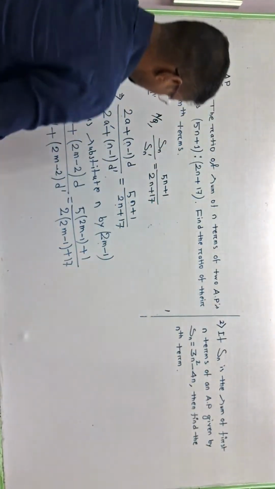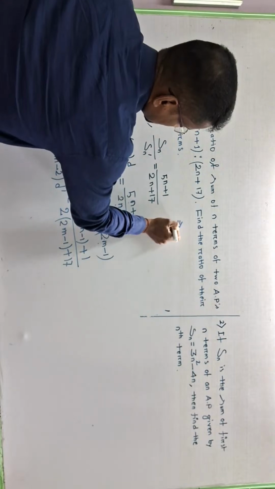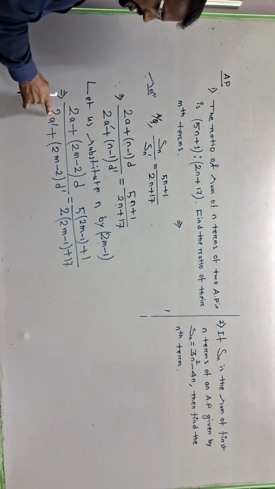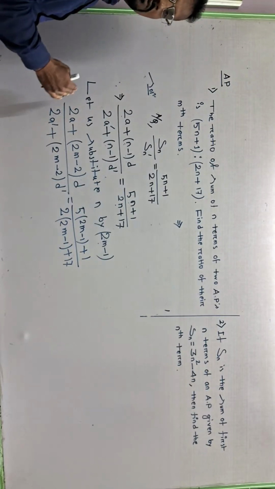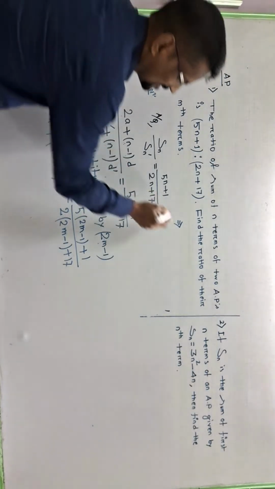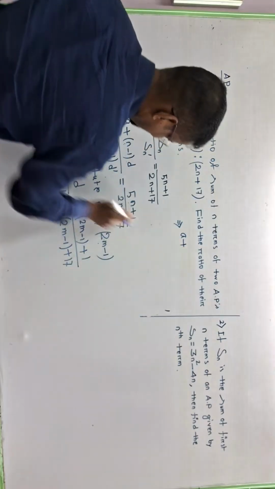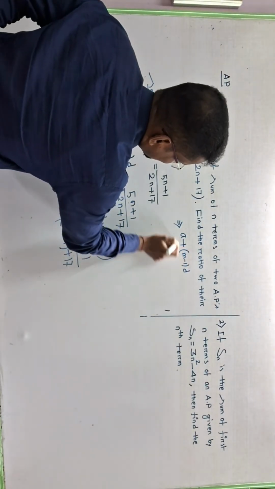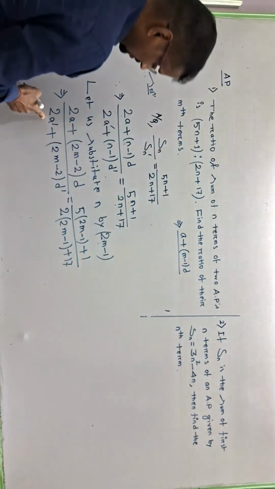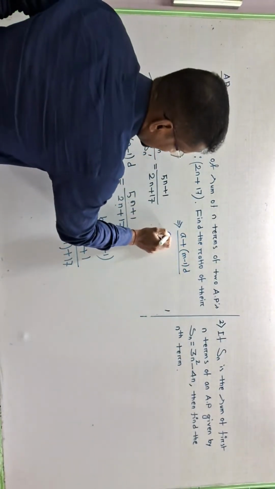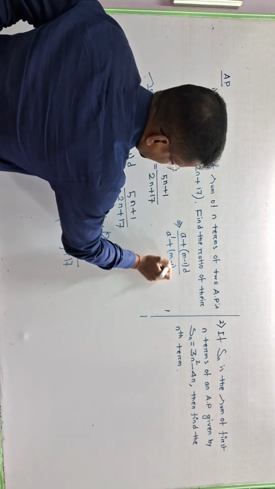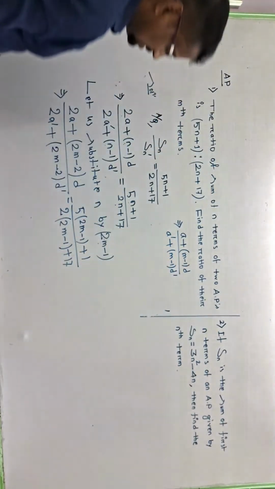Now you see, from the numerator 2 is common, here also 2 is common, so 2 will be cancelled out. Then what is left here? a plus (m minus 1) times d, divided by, here also 2 common, a dash plus (m minus 1) times d dash.